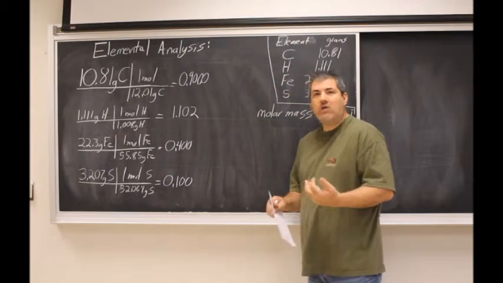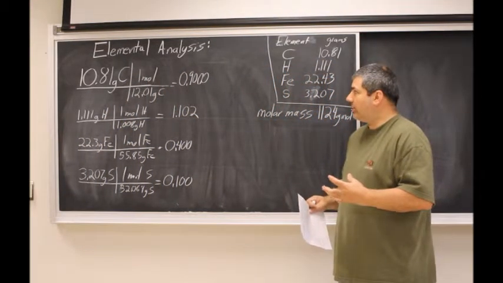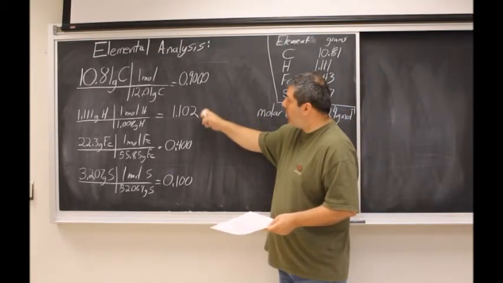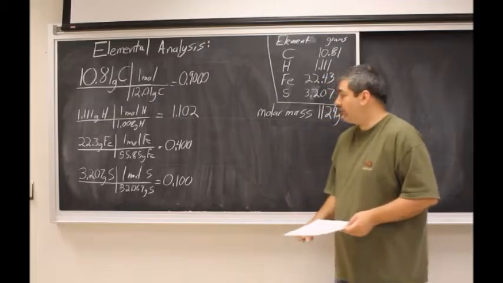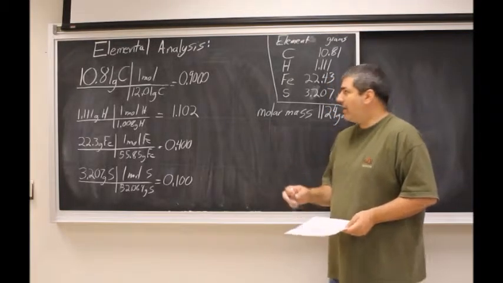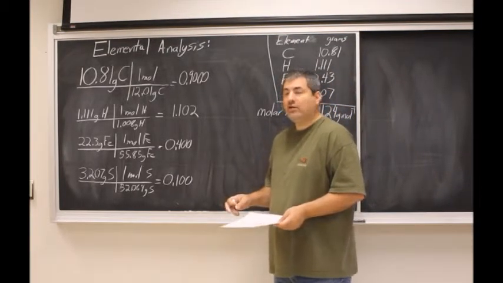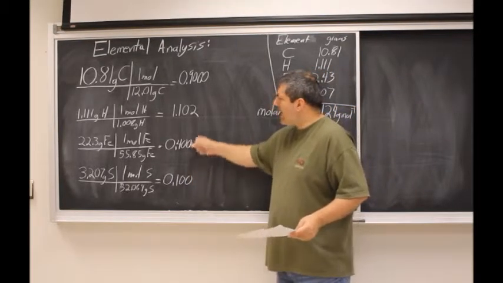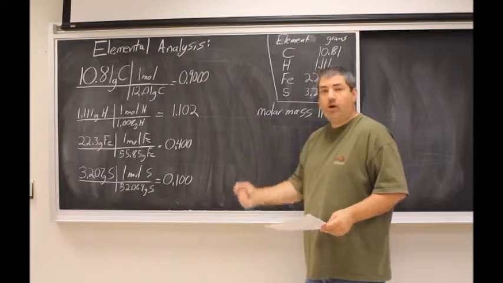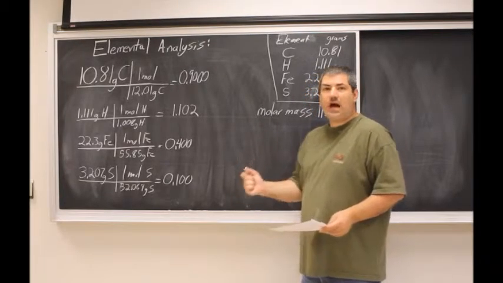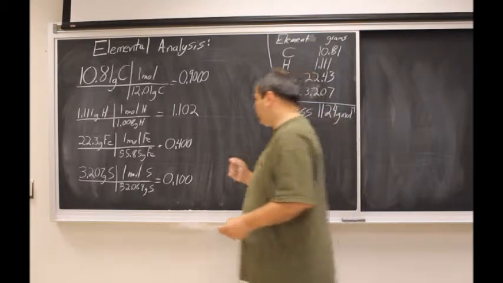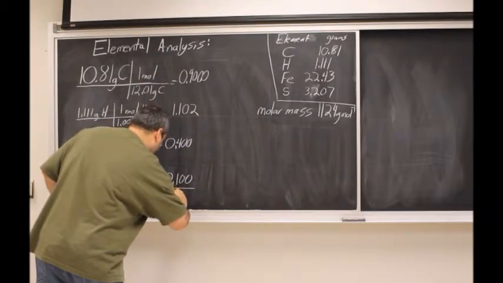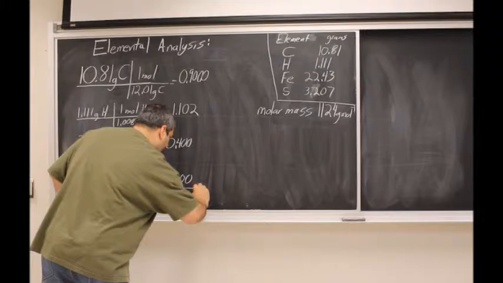We have to have a whole number ratio. So, now that we have the molar quantities of each one of these, we have to figure out how to get this into a whole number ratio. And simply from math, if I have fractional values and I want a whole number ratio, I divide through by the smallest number. So, 0.1 is the smallest number.